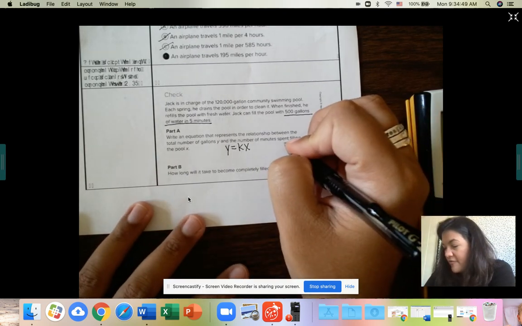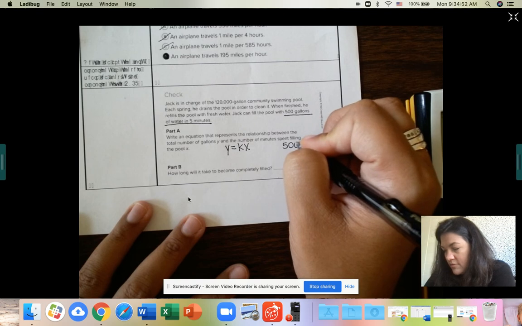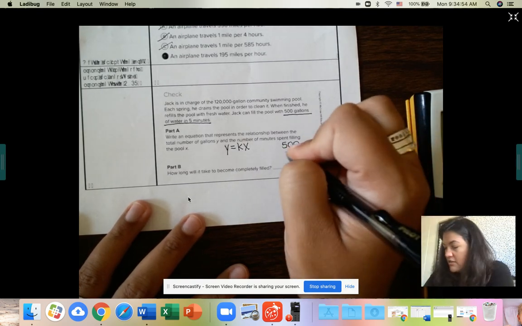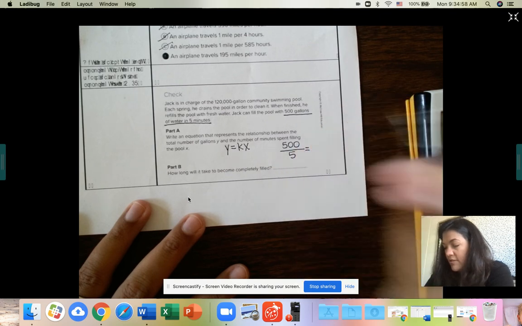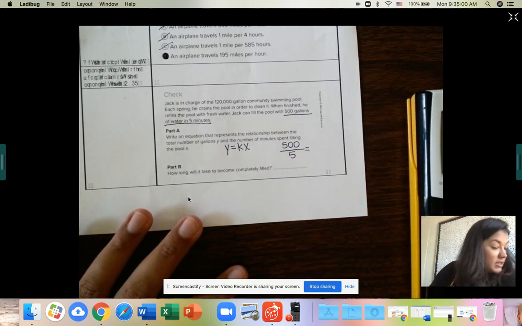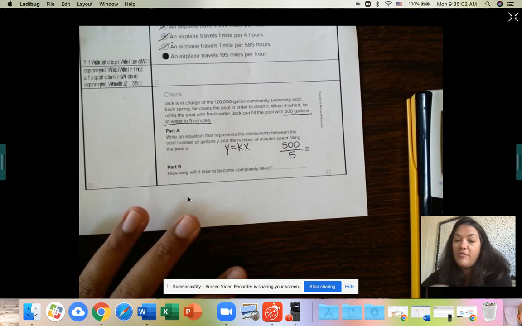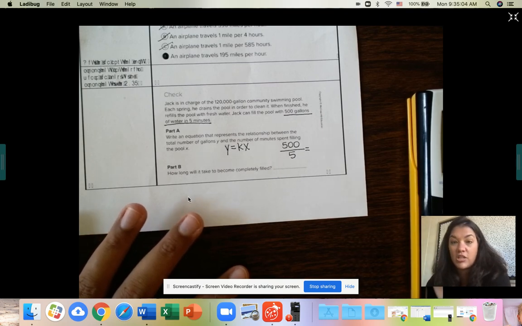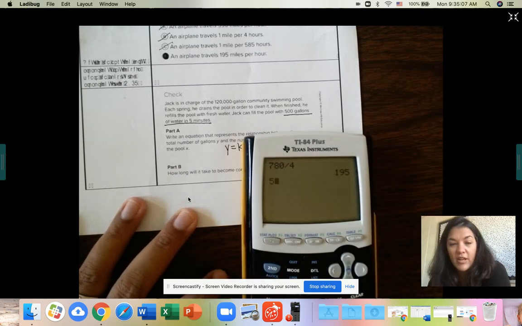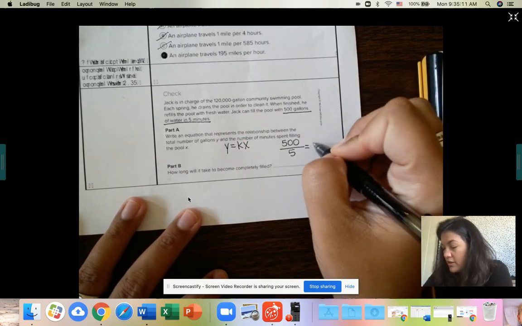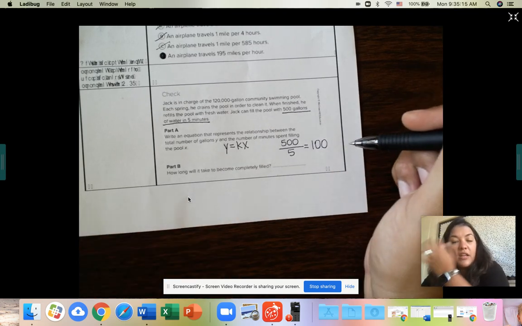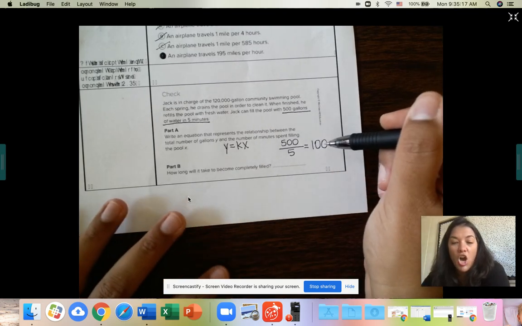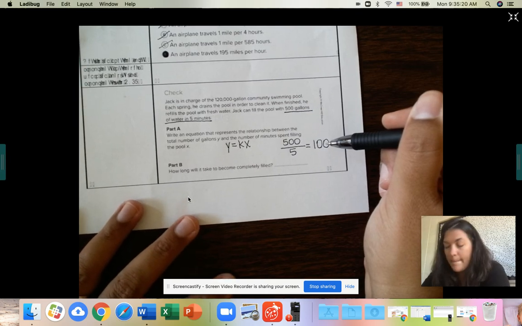If I take 500 gallons and divide it by 5 minutes, then I will have how many gallons it does per minute. So in my calculator, 500 divided by 5 is 100. Okay, so that means that Jack fills the pool 100 gallons per minute.